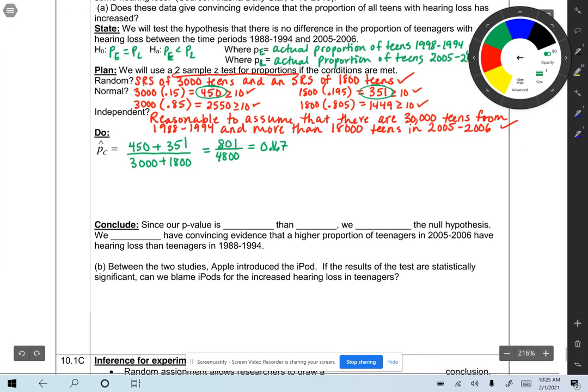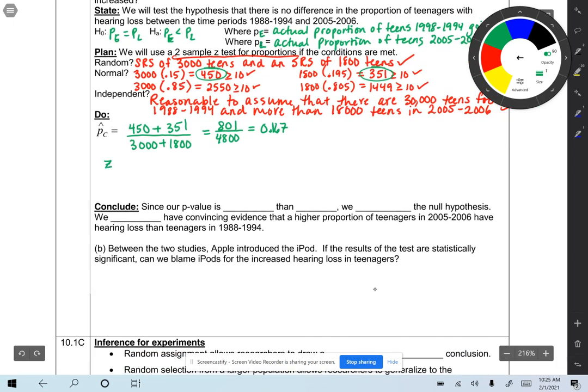So our z is equal to 0.15. So the proportion, the early years minus the later years, minus 0, so we just don't include that, divided by the standard deviation here.